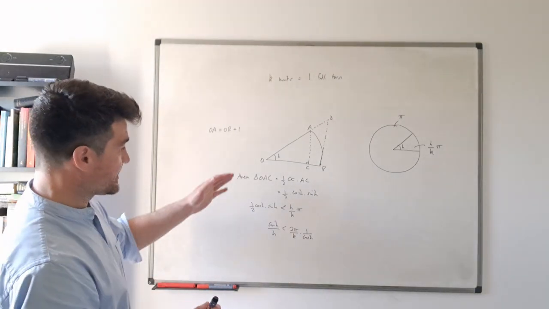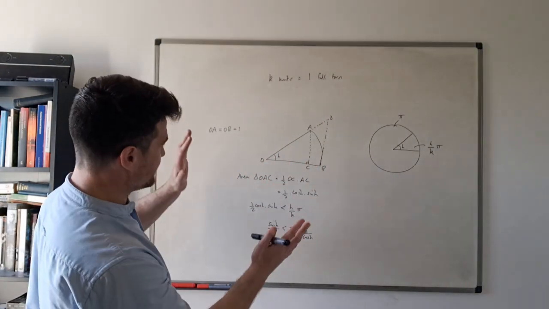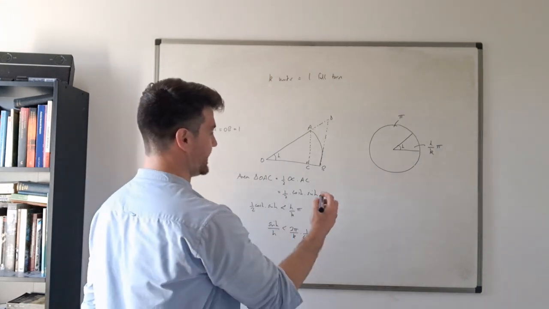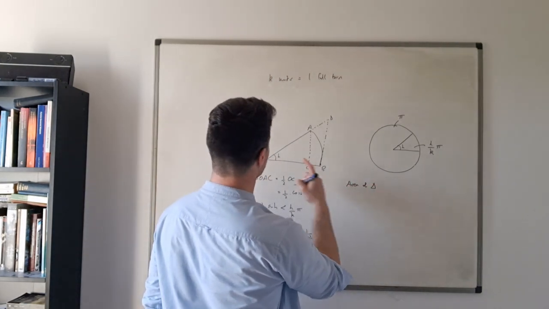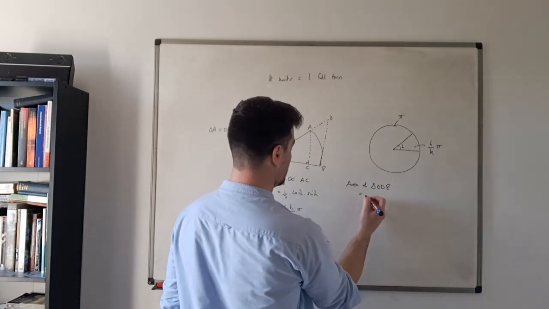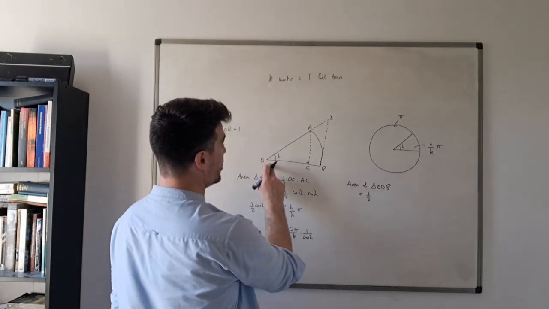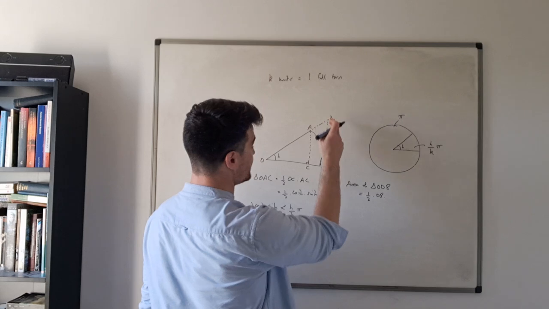Right, now I need to consider the larger triangle. I know the diagram's a bit wonky, isn't it? But never mind. So the area of triangle ODB is going to be a half OB, which is 1, times DB.